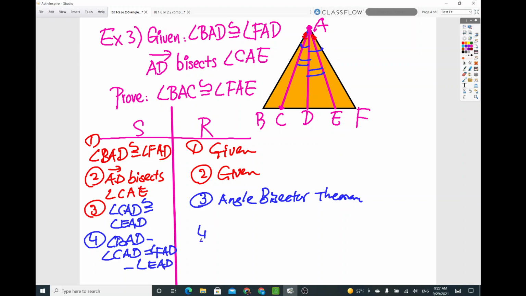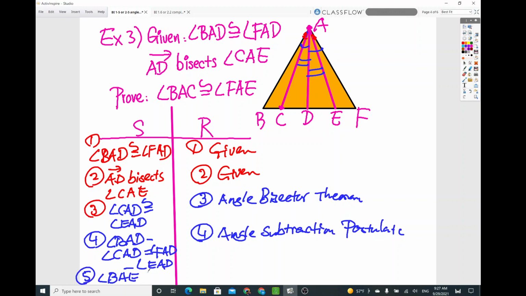Okay, so this one here, we can just say that it's angle subtraction postulate. And then after that, we can say that angle BAE is congruent to angle FAE. And for this one you want to state the angle congruency property.